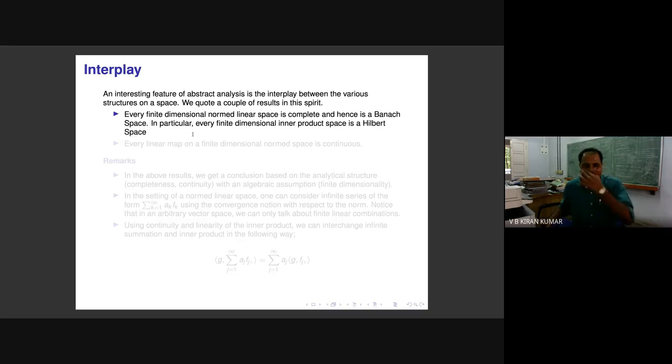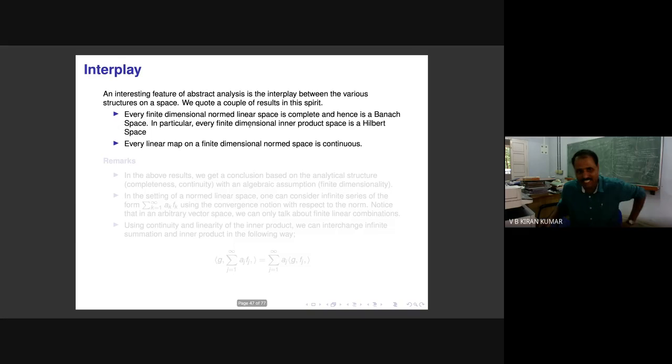You can see that finite dimensionality is purely an algebraic concept. It has nothing to do with the topological structure or the norm of the space. But a Banach space, being complete, is a property obtained using the norm and the analytical or metric structure. So that tells you how the algebraic structure and this analytical structure are interrelated.